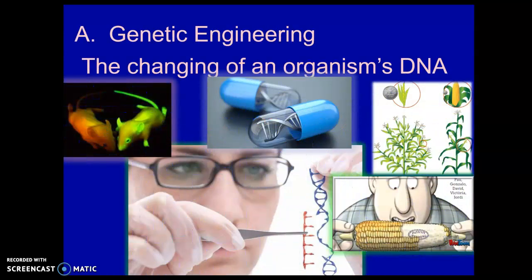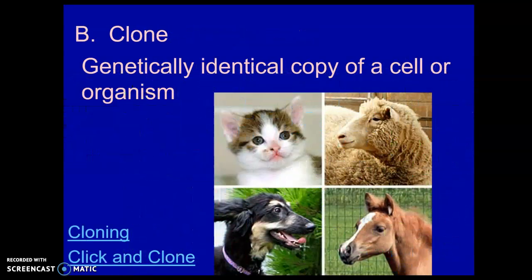All right. Genetic engineering is changing an organism's DNA. It isn't grafting, it isn't transplanting. It's actually changing the organism's DNA, so it changes at the level of the chromosome. A lot of different things can be done with that.